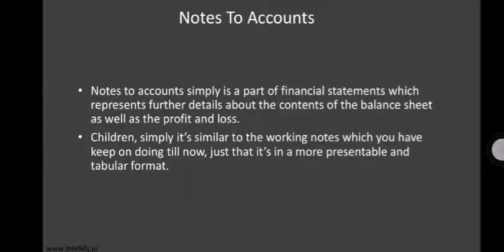Now notes to accounts, as I have told you earlier, is simply a part of the financial statement which represents further details about the contents of the balance sheet as well as the profit and loss. Children, it is similar to the working notes which you have been keeping till now, just that it is in a more presentable and tabular format.